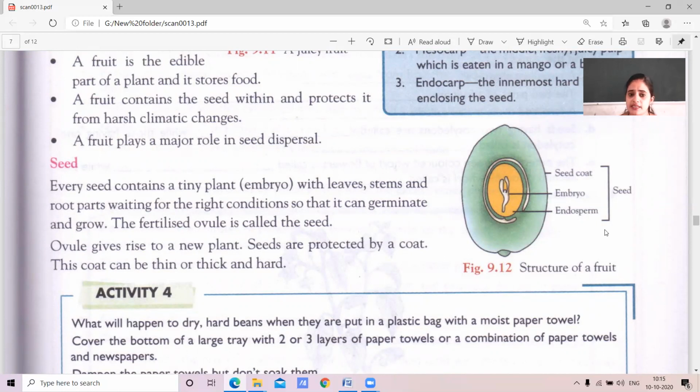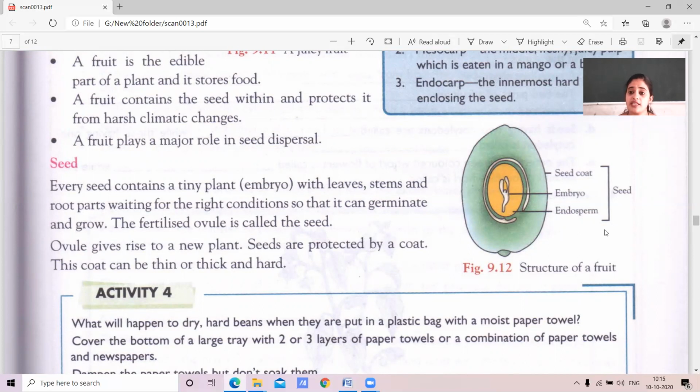Every seed contains a small plant or embryo with leaves, stem and root part waiting for the right condition for germination and growth. The fertilized ovule, we call it as seed.